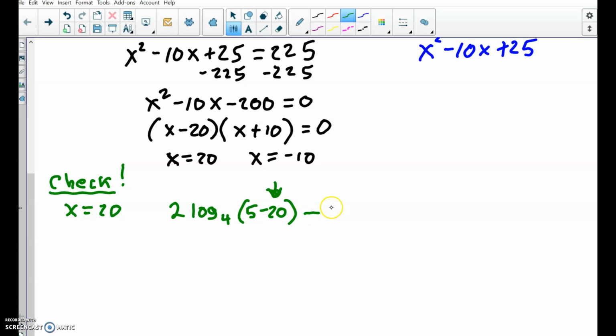Minus log base 4 of 3 equals log base 4 of 75. Well, we have a problem here. 5 minus 20, that's going to give me a negative. And I can't take the log of a negative.